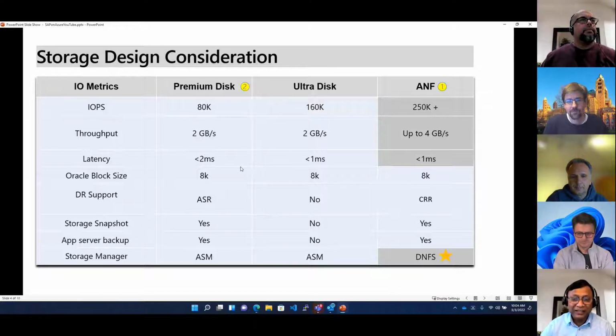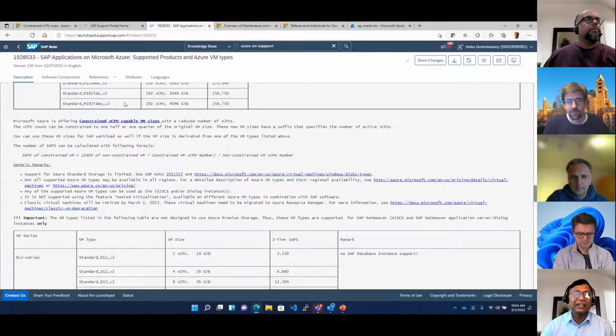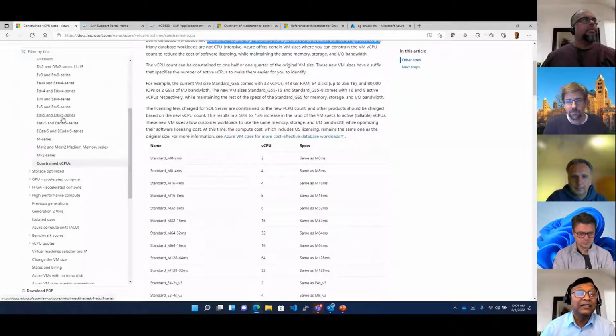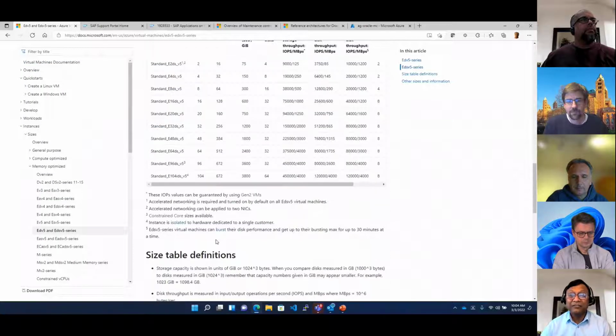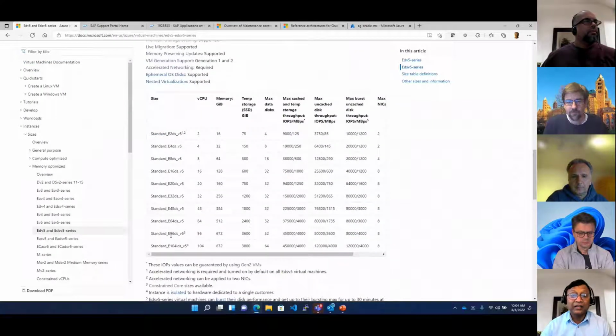And while I'm here, even though we say 80,000 IOPS is where it is today, I want to call out something evolving in Azure, which is promising. Let's look at this one. If we go to the V5 series, now 96 is certified as per our OSS note.